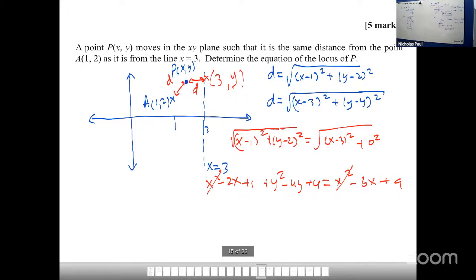On the left hand side, I have y squared minus 4y plus 5 is equal to minus 6x plus 9. So you end up with y squared is equal to... Anybody get that? Right, that's a parabola.